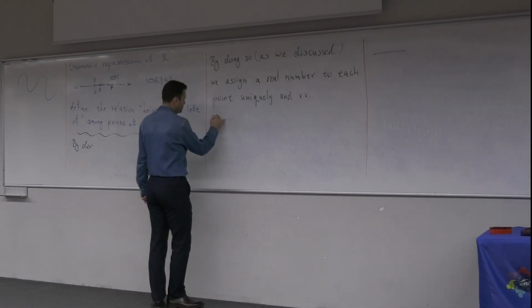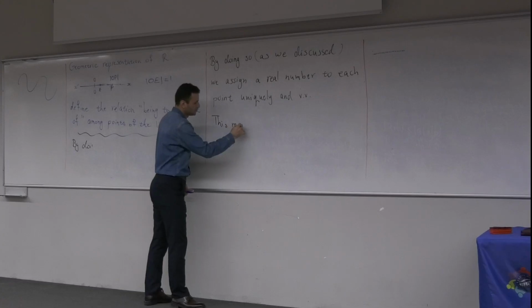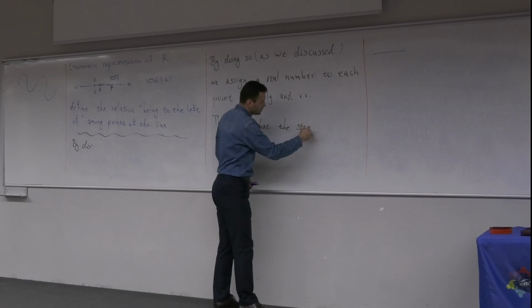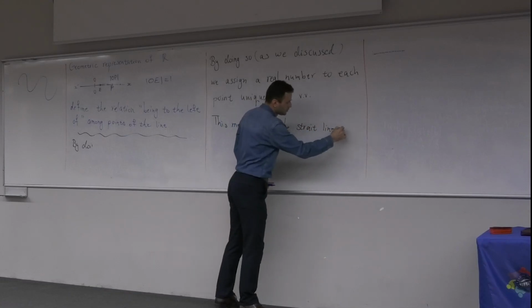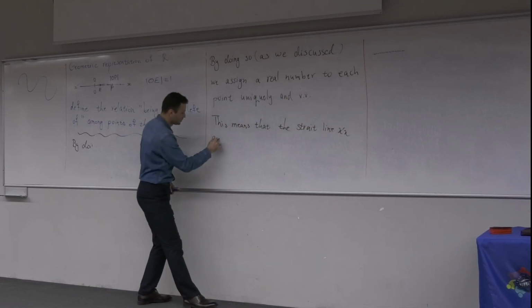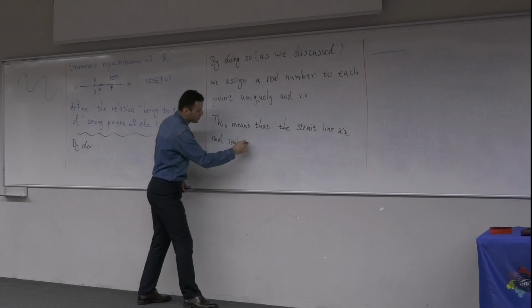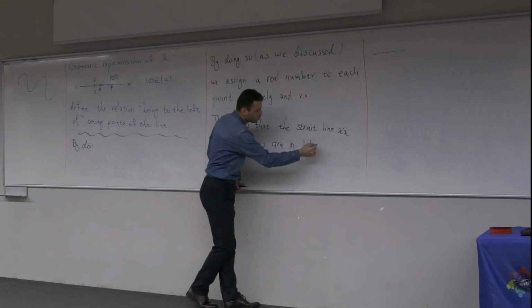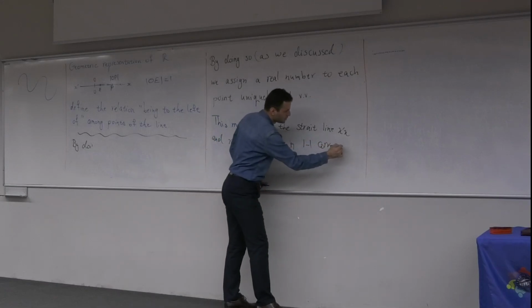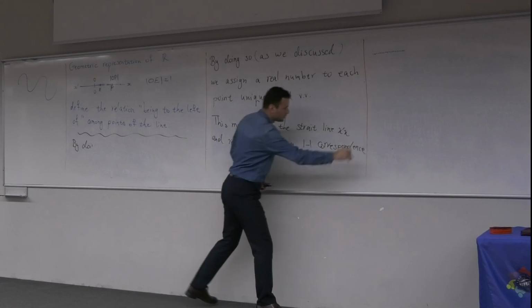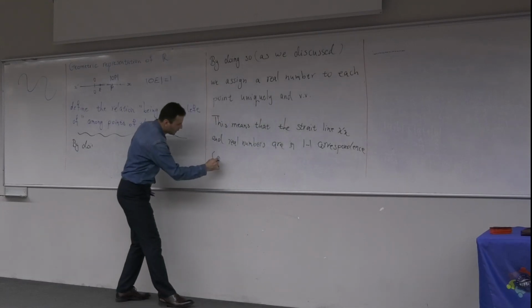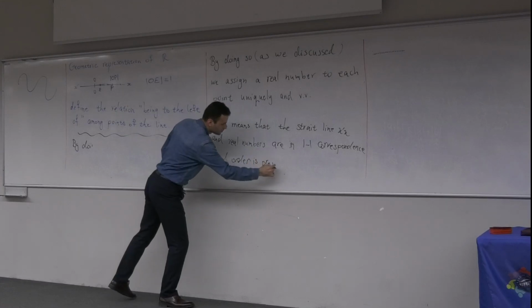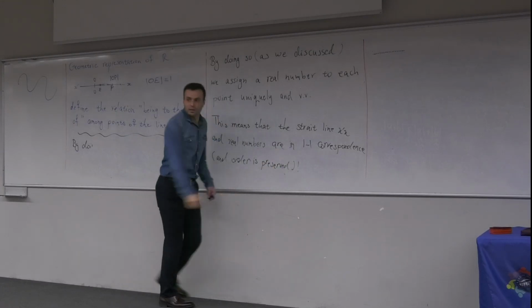This means that this straight line and real numbers are in one-to-one correspondence. And order is preserved. Good?